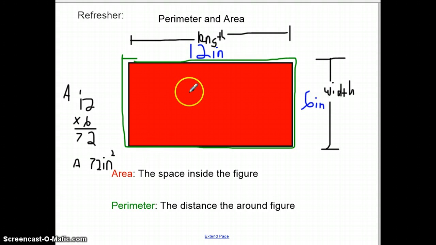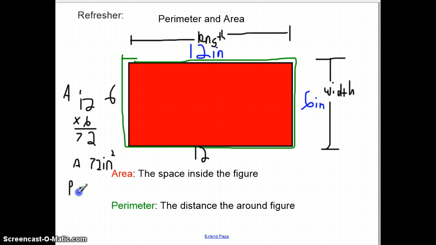unit squared. Now the perimeter, the way to add up the perimeter is going to come to 12 plus 6, which is 18, plus 12 on this side also, and plus 6. So that's going to come to 36.